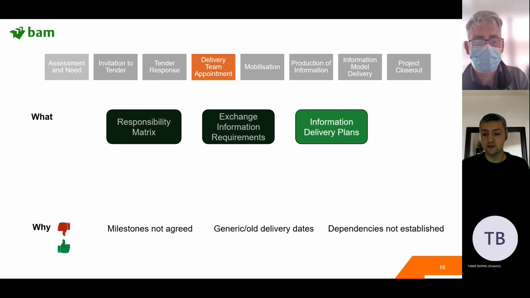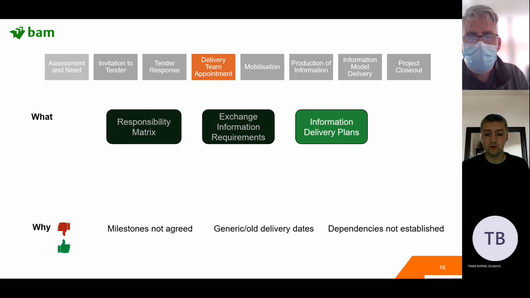Dependencies not being established, so that's a really important one. The structural engineer, for example, might need information from the architect so they can produce their information. And if they're reliant on them, then a delay in the production of that information affects them and the delivery of their information.